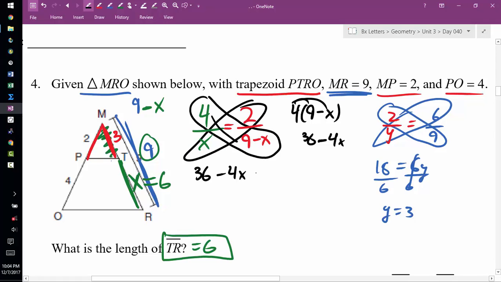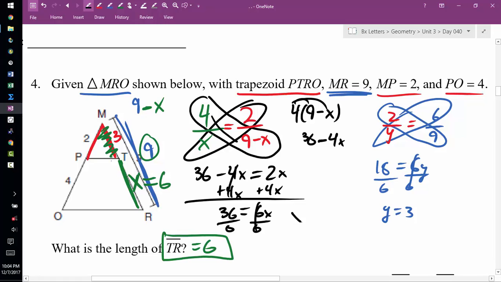And that's going to get multiplied by 2x. So 2x. I'm going to add 4x to both sides. I'm going to get 6x equals 36. Divide both sides by 6. X equals 6. And here I said x was representing that side TR.